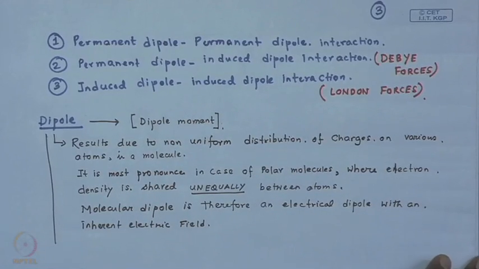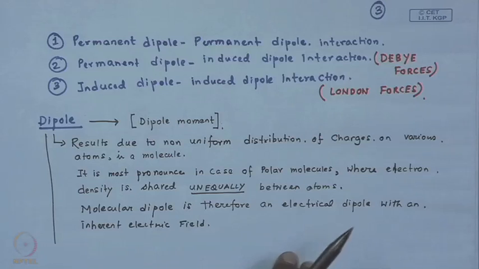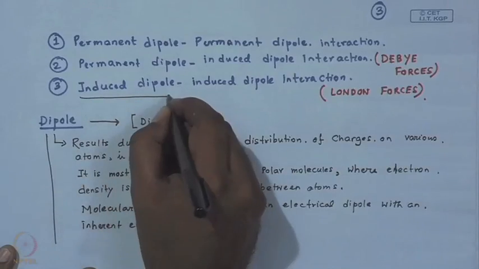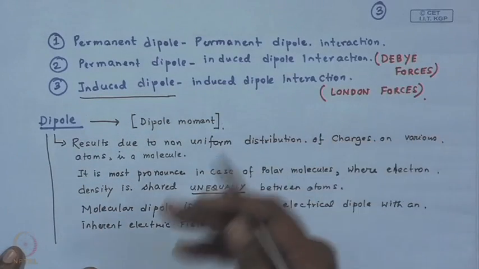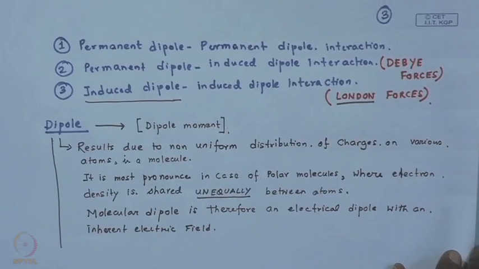And we understand that we talk about the permanent dipole, which results due to unequal sharing of electron density across atoms, but in absolutely neutral molecules as well as atoms, due to the localization of the electron cloud around the nucleus at any given instance of time, there is the origin of the so called induced dipole, which induces a mirror charge on the neighboring molecule, and this is the origin of the London forces, which we have already talked about.